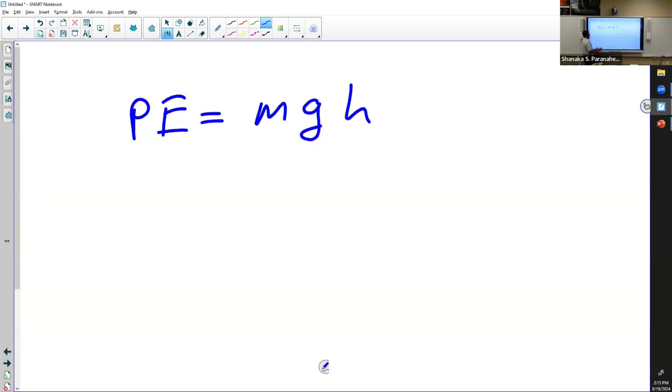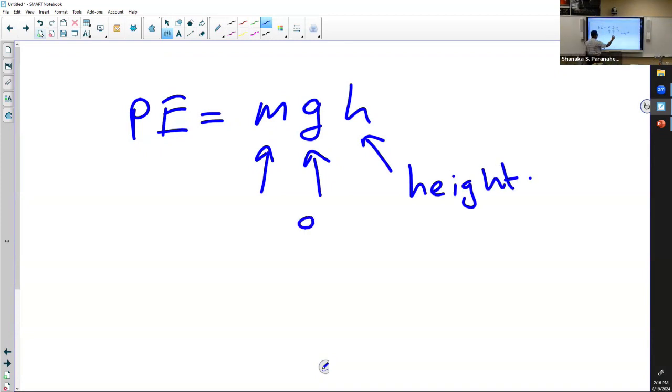Both of these pens have the same mass, same gravitational force. When the height is the same, it has the same potential energy. When the height is different, two different potential energies. M is the mass, G is the gravity, gravitational force.